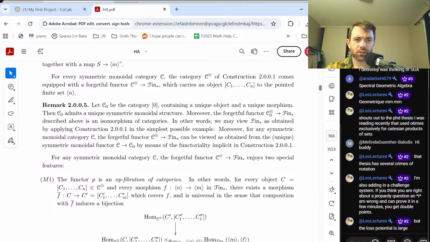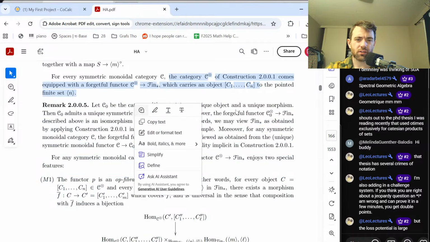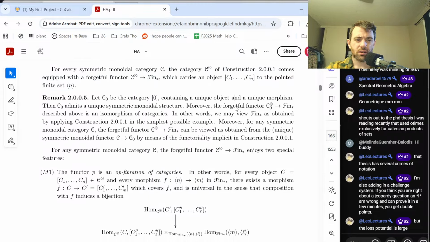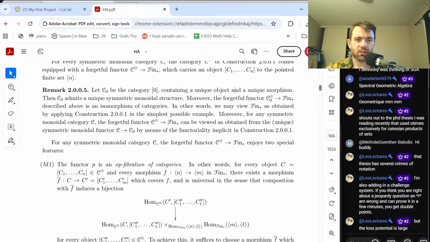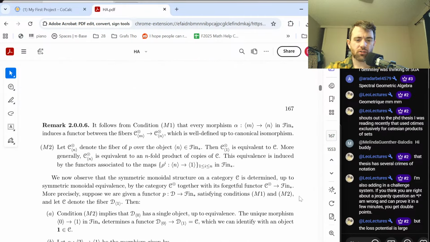For every symmetric monoidal category, the category from this construction comes equipped with a forgetful functor that carries an object to the pointed finite set N. Okay. What is going on here? Where is the definition of operad?